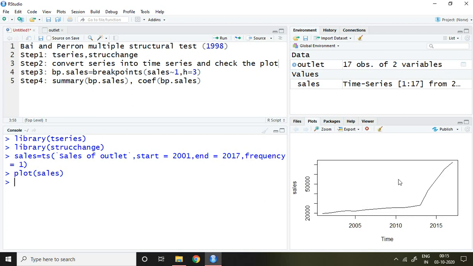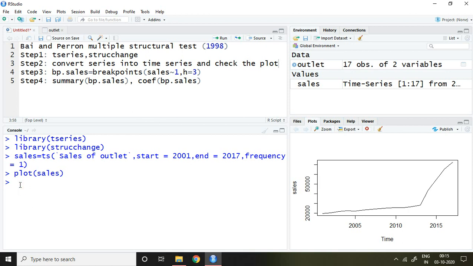It seems that in between 2010 to 2015, there is a structural breakpoint, near 2013, and we also see that the points are not on a straight line, so maybe there would also be a possibility of another structural breakpoint.